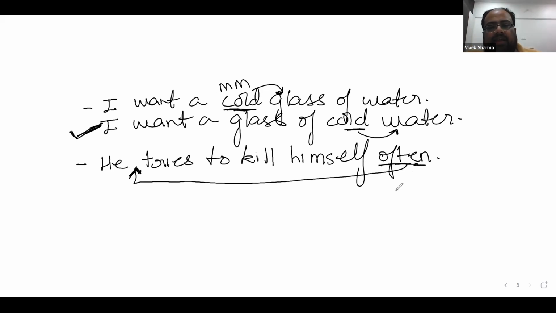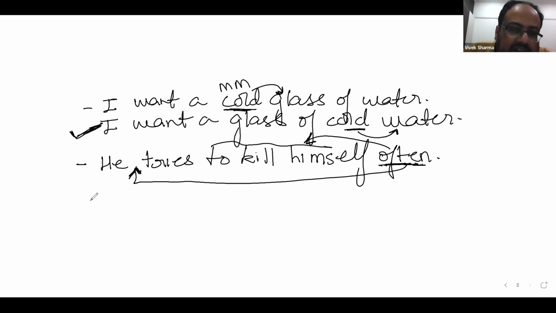Often refers to something which is done repeatedly. In the sentence as it is, if the word often comes at the end, it is placed next to killing himself. Killing himself again and again is not possible. What is possible is that the attempt is made again and again.